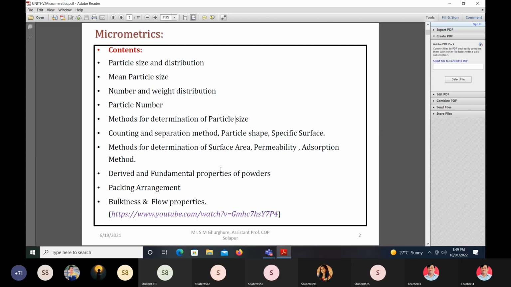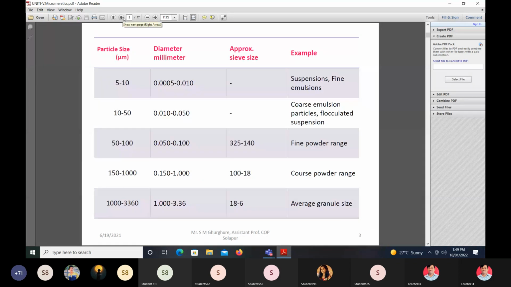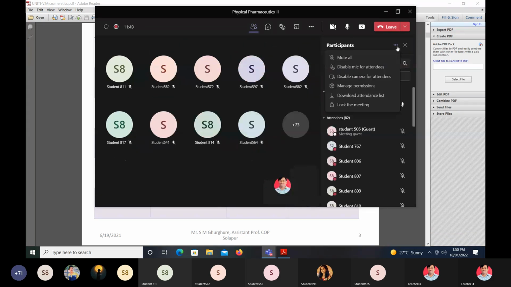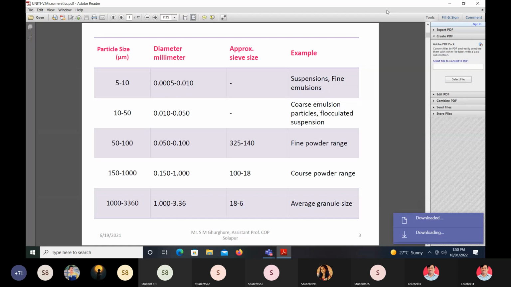We'll start with the first, particle size, because particle size plays an important role in pharmaceutical formulation, or in converting any drug into a dosage form, because drug absorption and drug bioavailability depend on the size of the drug molecules. There is a relationship between size, shape and surface area of the particles.